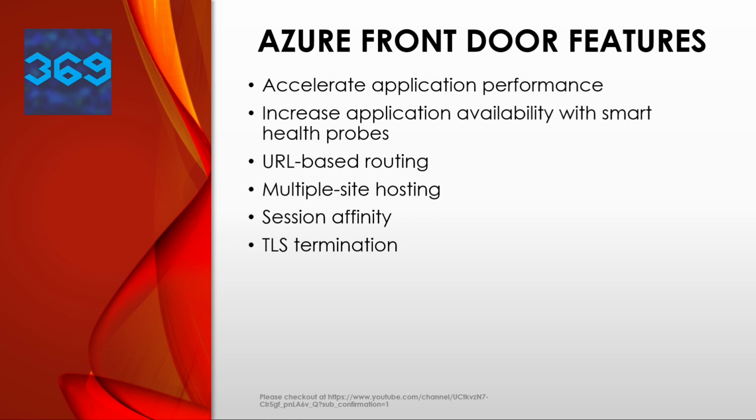TLS termination. So Front Door supports TLS termination at the edge, that is, individual users can set up a TLS connection with the Front Door environments instead of establishing it over long haul connections with the application backend. Additionally, Front Door supports both HTTP as well as HTTPS connectivity between Front Door environments and your backends.